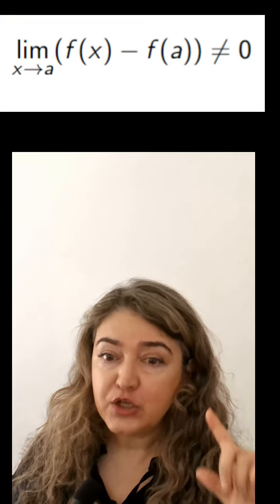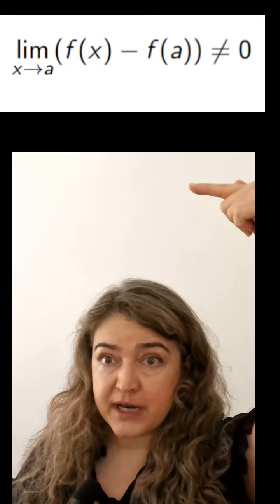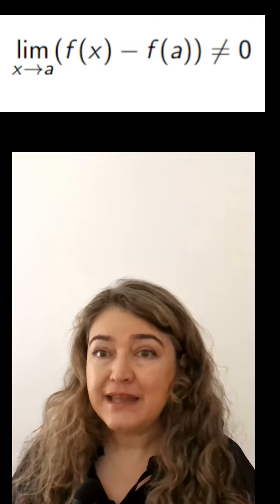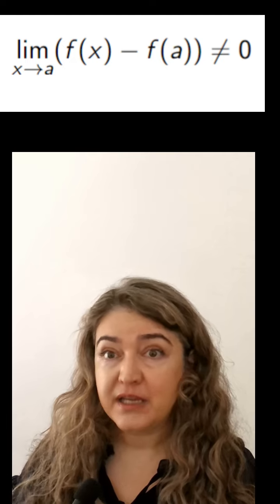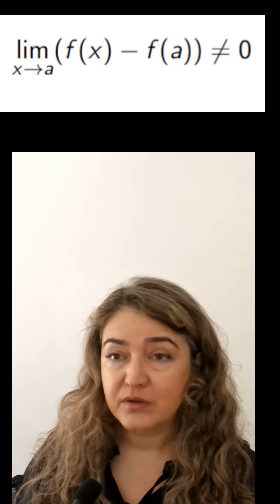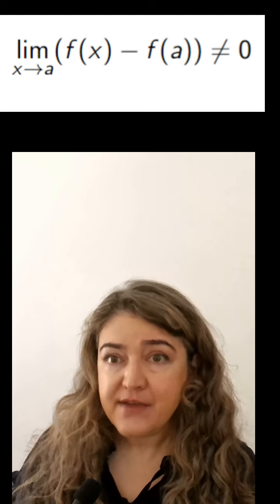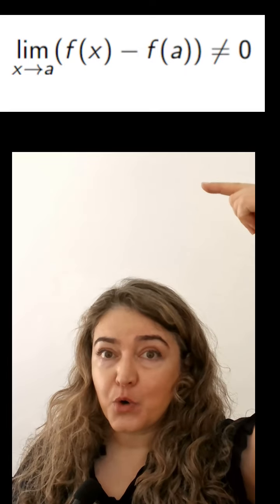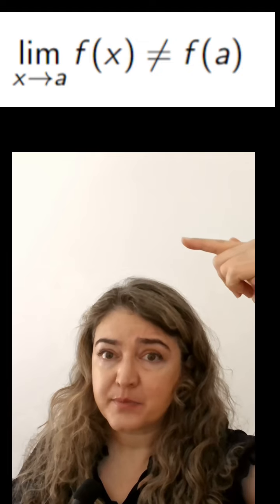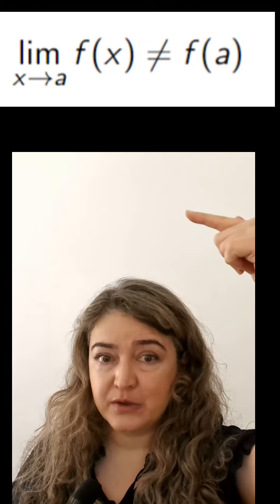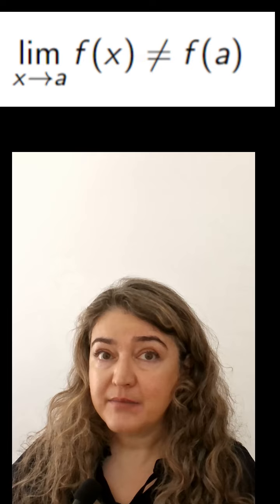So if you decide to make the limit of the numerator non-zero, then this expression is not going to be of the form 0 over 0. And if the limit of the numerator is not 0, then the limit of f of x as x approaches a is not going to be equal to f of a. What does that mean? That means the function is not continuous at the point x equal to a.